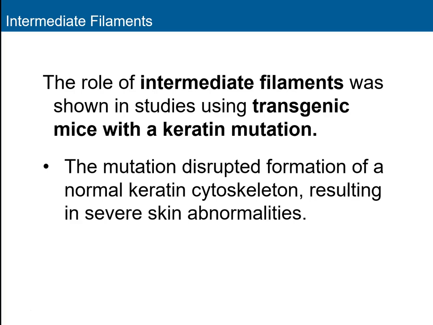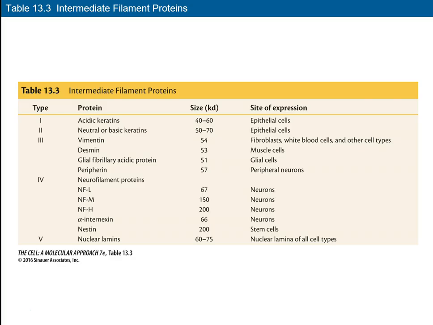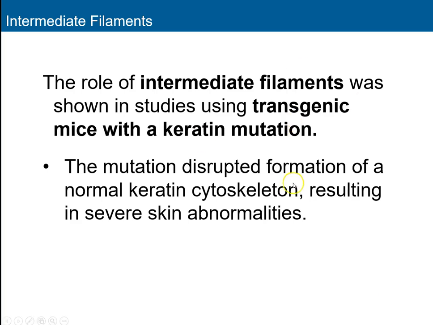These are mice that have a mutation in the keratin gene, or in one of the keratin genes. I'm not exactly sure what these were. You mutate that gene and you grow these mice up to have a mutation in a keratin gene. Then we look to see what sort of deformities or dysfunction occurs in the transgenic mice.